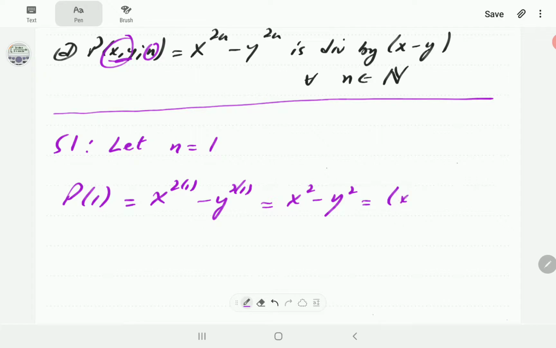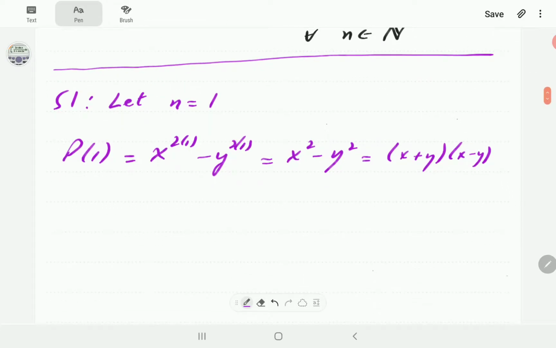This is a difference of 2 squares, so we can factorize like this. So this is a polynomial times x minus y. So that means this is divisible by x minus y.